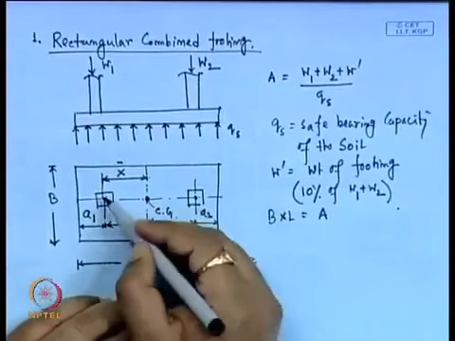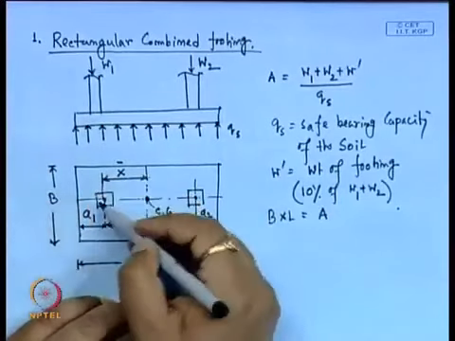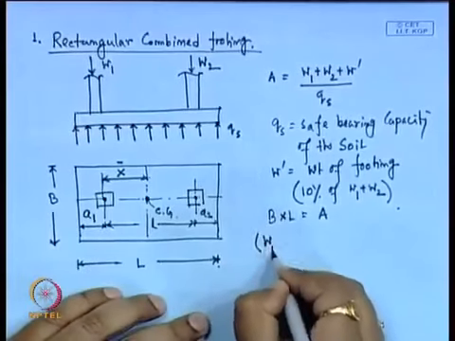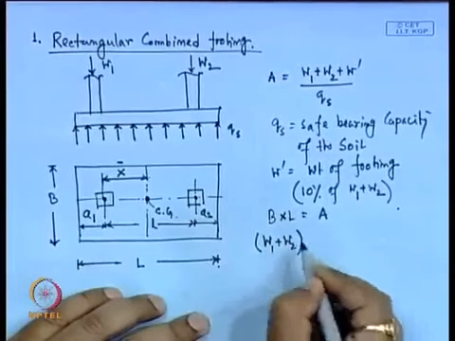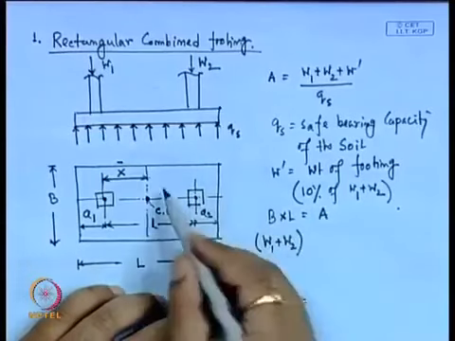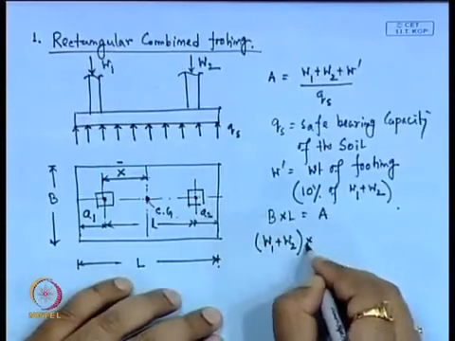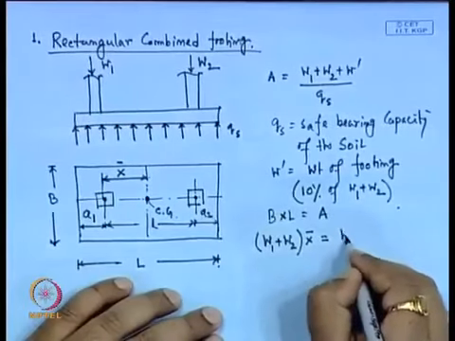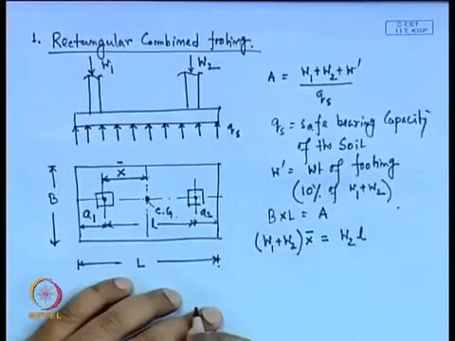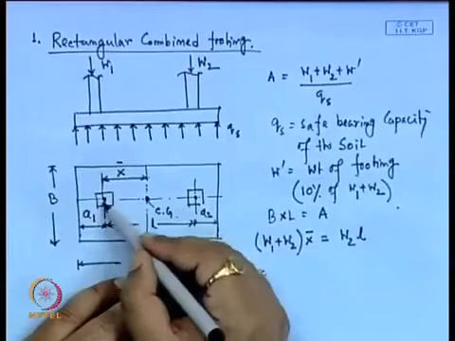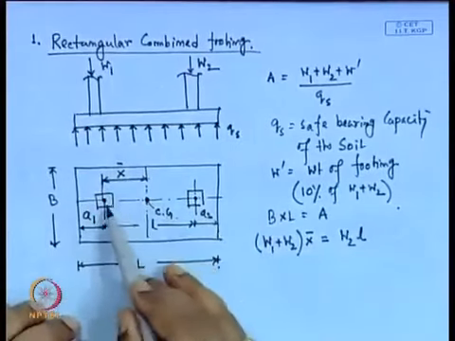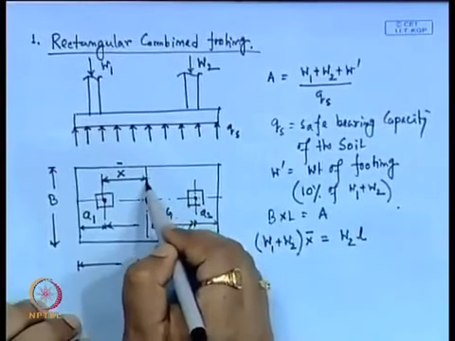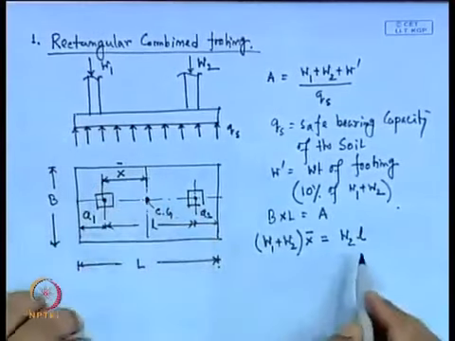Now, if we take the moment at the first column center, then we can write that W1 plus W2, the total resultant force, into x bar is equal to W2 into L. So, taking the moment from the center of the first column, W1 plus W2 acts at the CG, and this is the x bar.